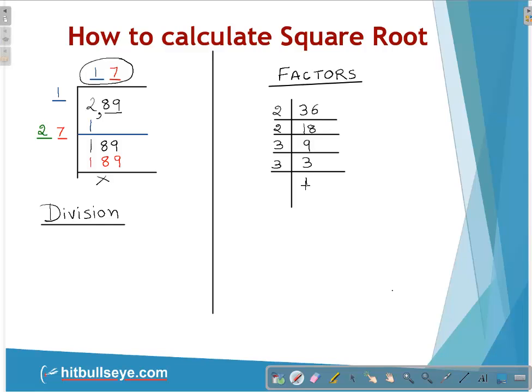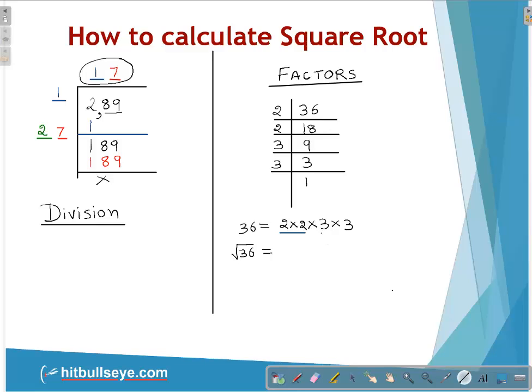Now, after we have found the prime factors of the number 36, here I am writing them in expanded form. Now, while finding the root of 36 using factorization method, we will first of all make pairs of the similar factors.